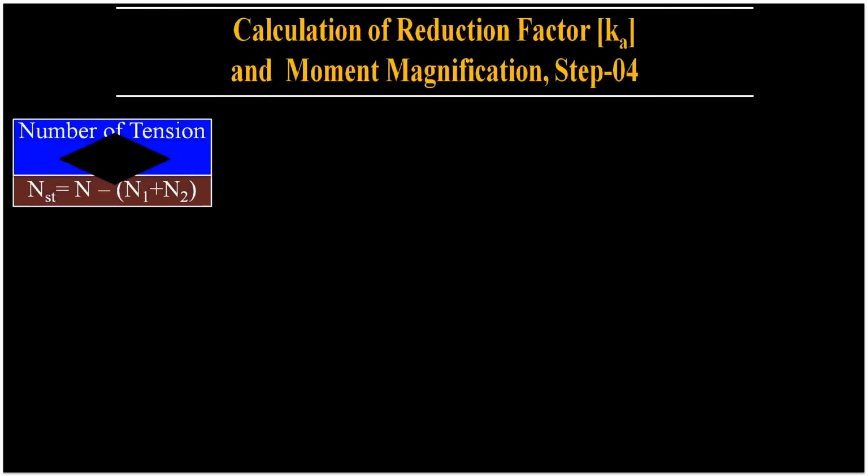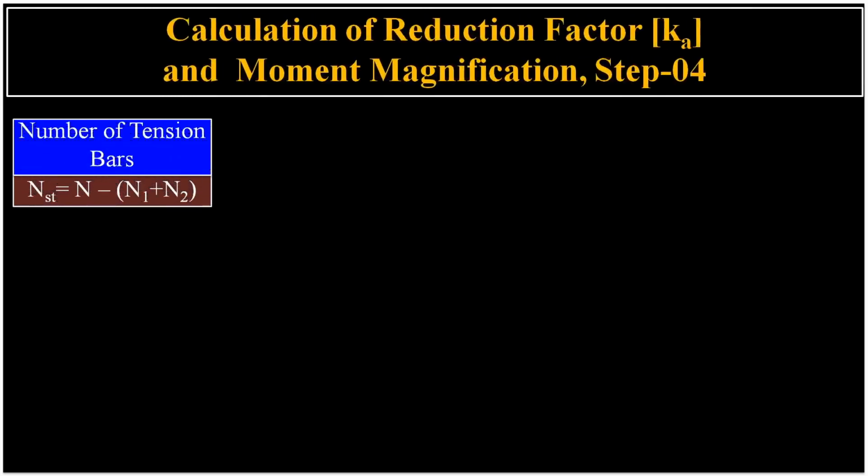Title of this slide is, Calculation of Reduction Factor Ka and Moment Magnification, Step 04. Number of tension bars. First, we will count the number of tension bars. We already know the number of compression bars, which is N1 plus N2.